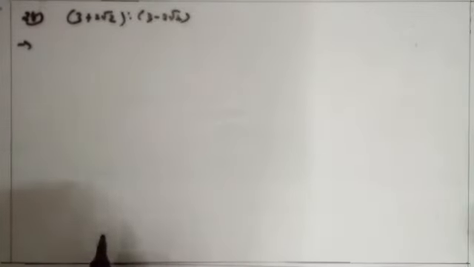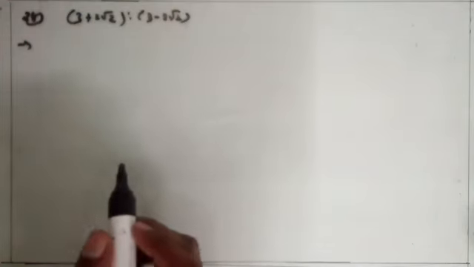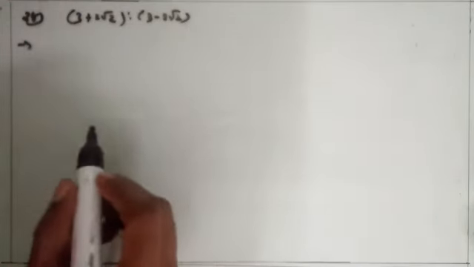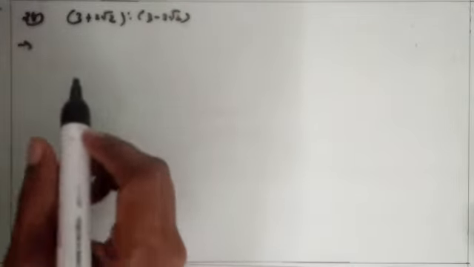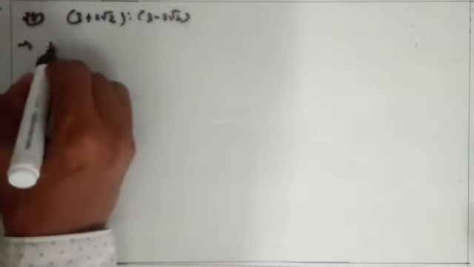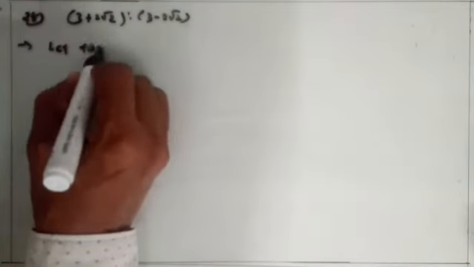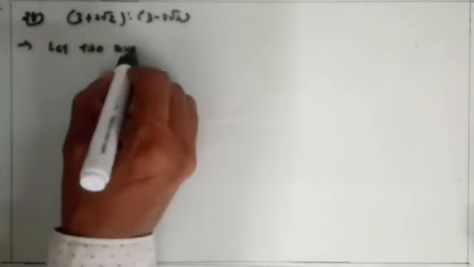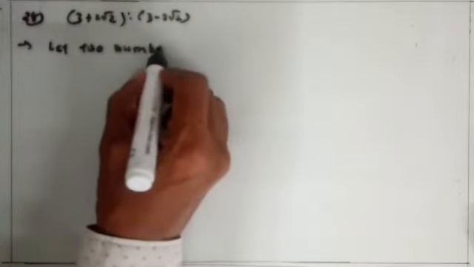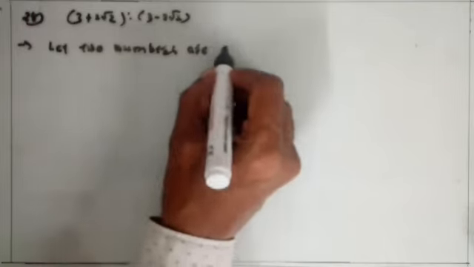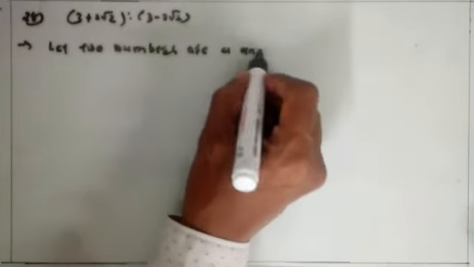Here the sum of two numbers is 6 times their geometric mean, given. First, suppose the two given numbers are A and B.